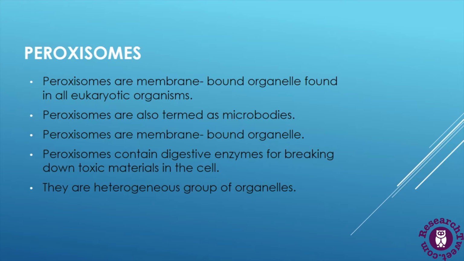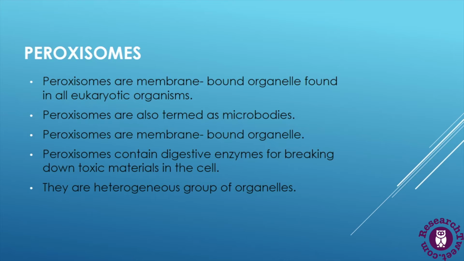For example, there are several cells which are in a carbohydrate rich growth medium. In that condition, they have shrunken peroxisomes and a low number of peroxisomes. But on the other hand, when the presence of toxins is very high or there is a lipid rich diet, in that condition, the number and size of peroxisomes can increase, or they have a high number of peroxisomes.